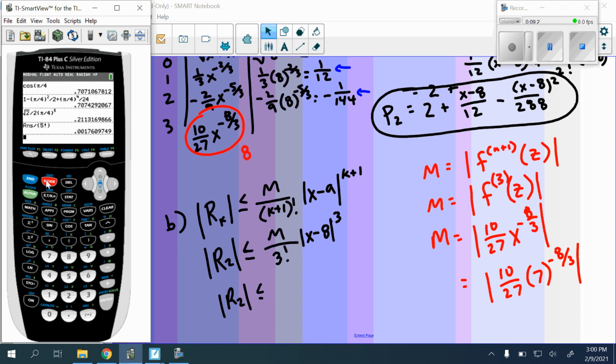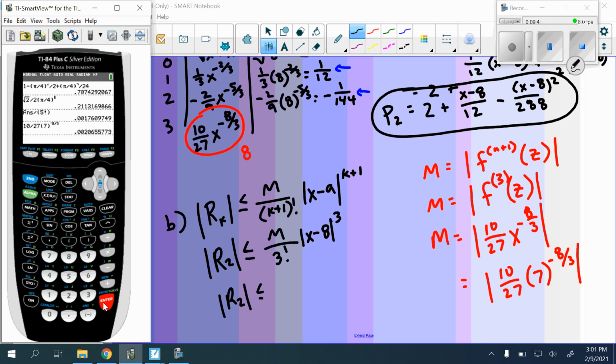Let's put that value in. It's going to be 10 over 27, 7 to the negative 8 thirds. So the largest it can be is like 0.002, and just to be safe, let's make it a little bit bigger.